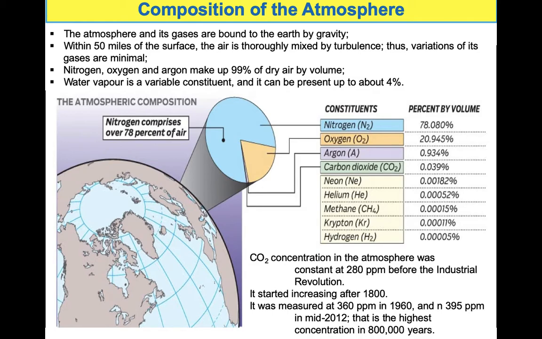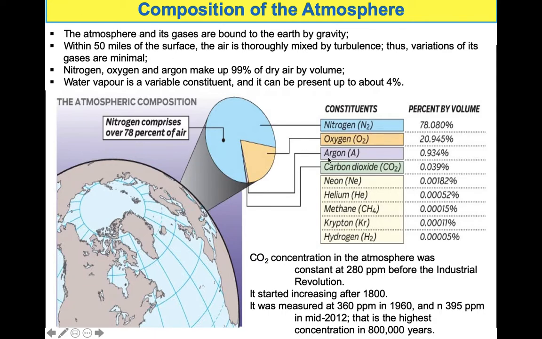So let's take a look at the composition of the atmosphere, because that's very important for humans. The atmosphere contains three most significant gas types essential for organisms and life: nitrogen, oxygen, and argon.